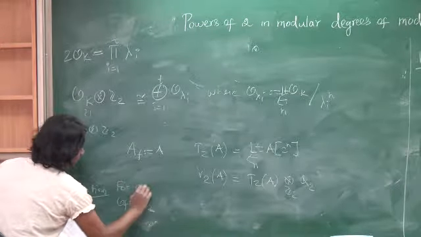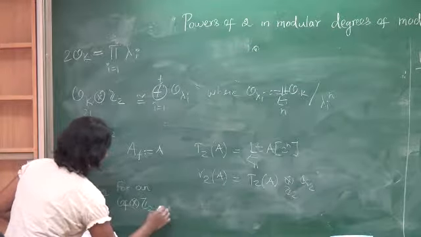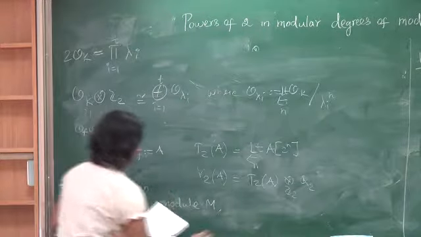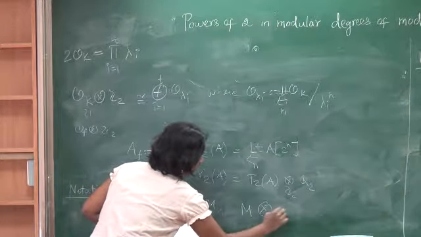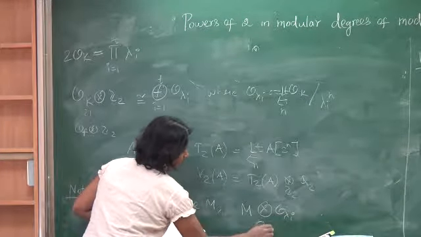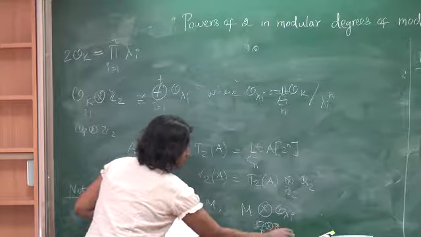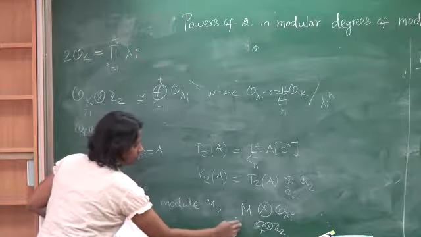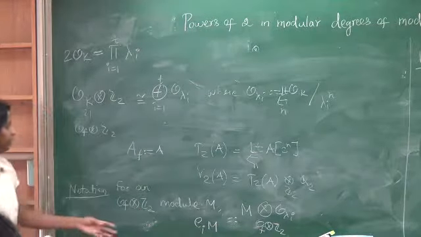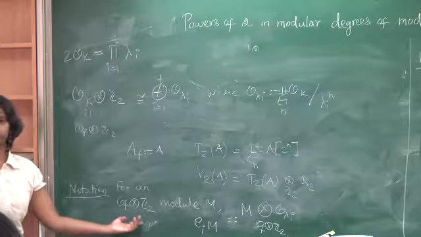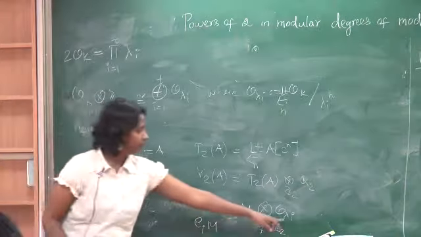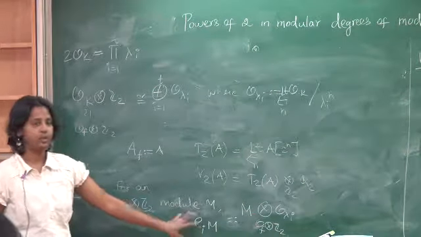For an O_F tensor Z_2 module M, I am going to denote the projection e_i M. e_i M is a module over O_F tensor Z_2. Then I can project it to O_lambda_i, so I am calling the tensor product with O_lambda_i to be e_i M.